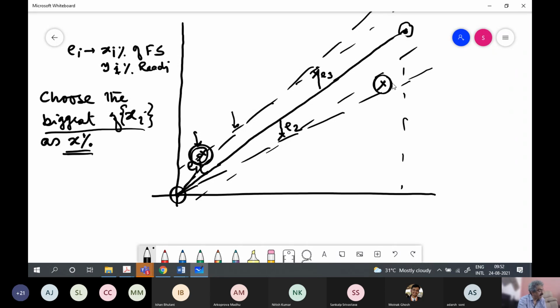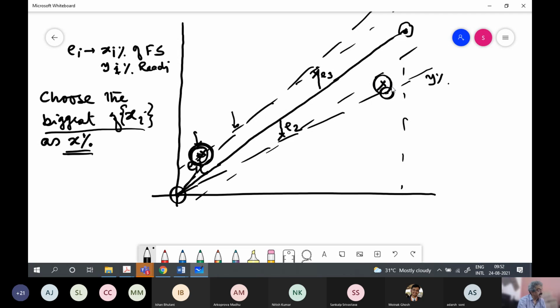So even if it had failed the maximum X% reading, if I choose this, it will fail the X% reading, but the Y% reading, it will catch. So the error will still be less than Y% of reading, whichever is larger in that.